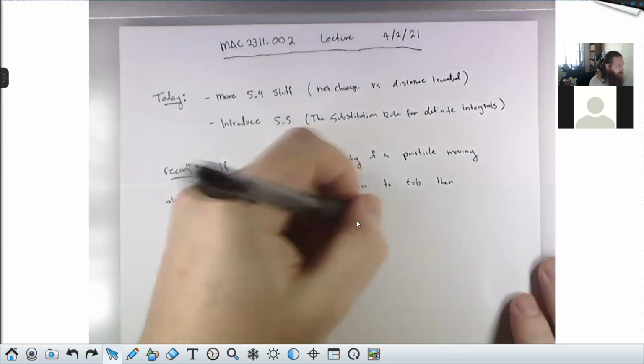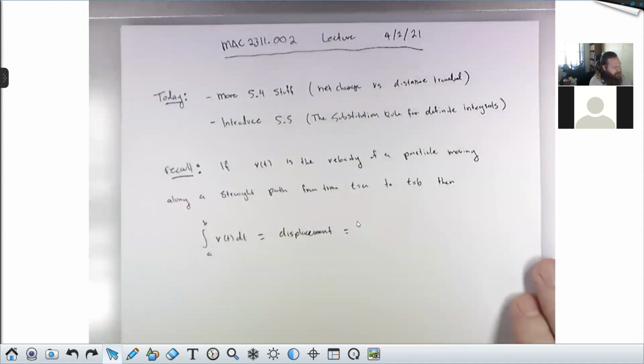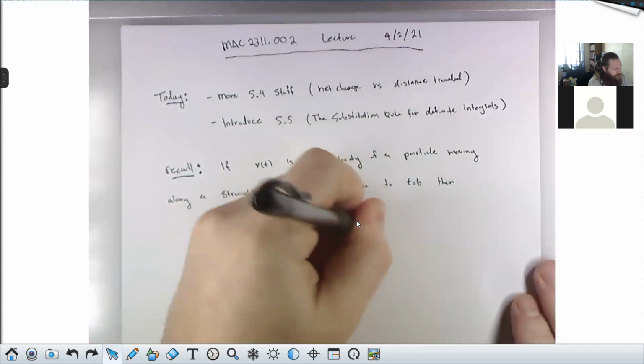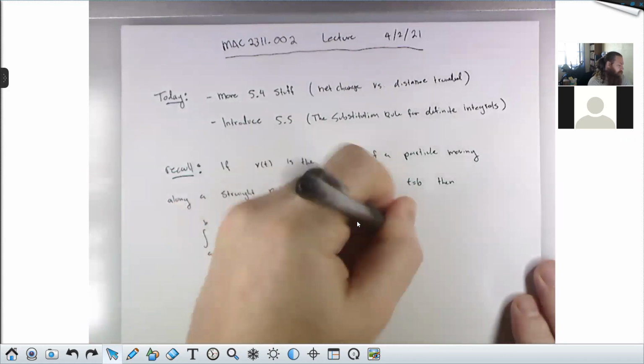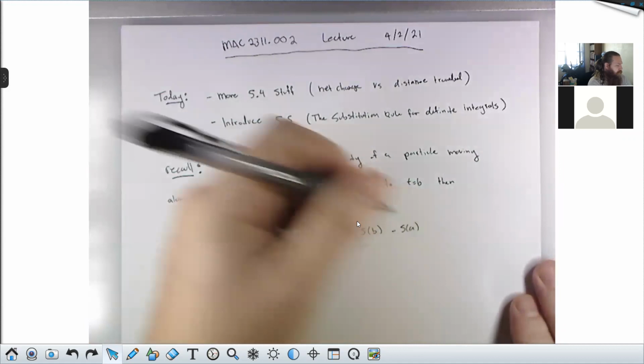I think I've been using the function x, but I'll use the book's notation here, s of b minus s of a.